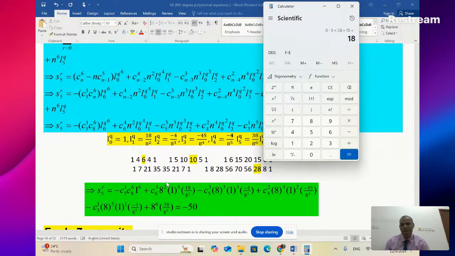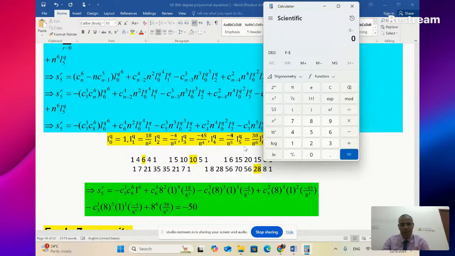Why? Because 8 squared multiplied by 1 is 8 squared, divided by 8 squared is 1. Minus 5 choose 3 is 10. Minus 10, multiply by 8 cubed divided by 8 cubed is 1, multiply by 1 cubed is also 1. Multiply now by negative 4. Sorry, it's my bad. Okay, I will repeat.